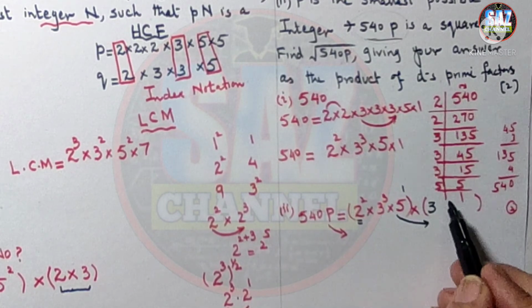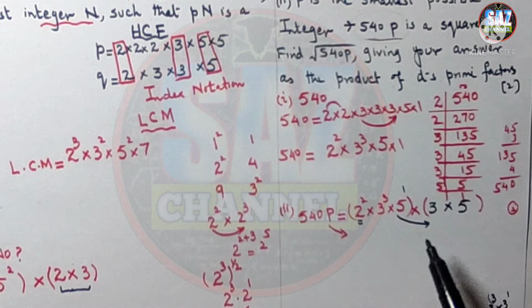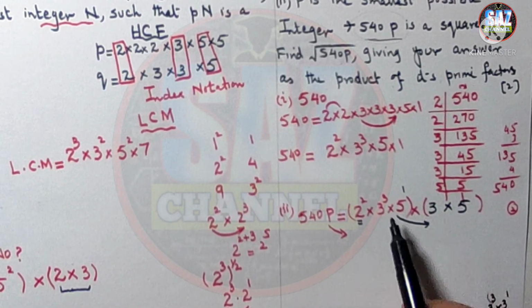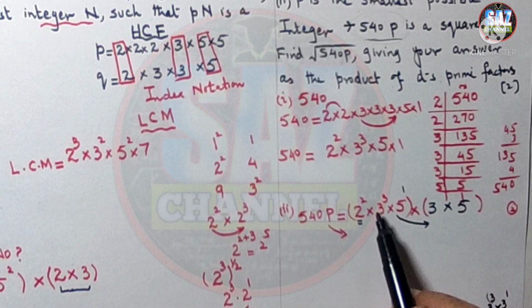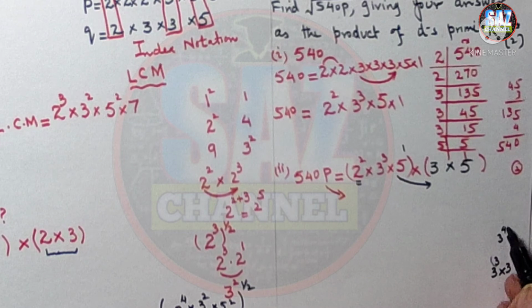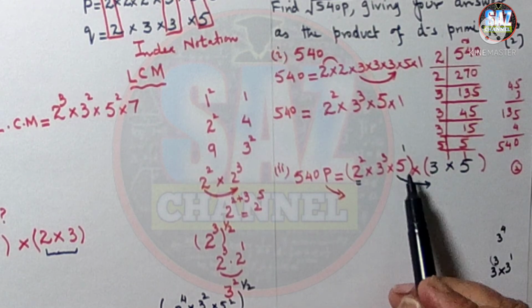If we look at 5, we can see that 5 has the power 1 here. So 5 will have to be multiplied by one more 5. So in this way, when I join this 3 with 3 cube, it will become 3 raised to power 4, and I can easily remove this power 4 by the square root, and for 5 it will become 5 square.